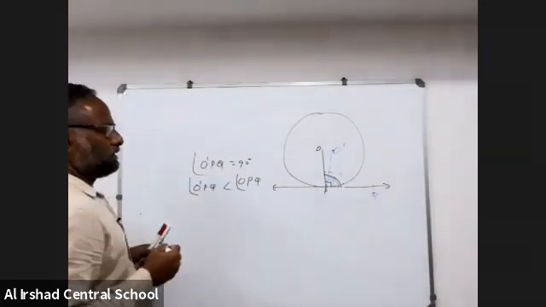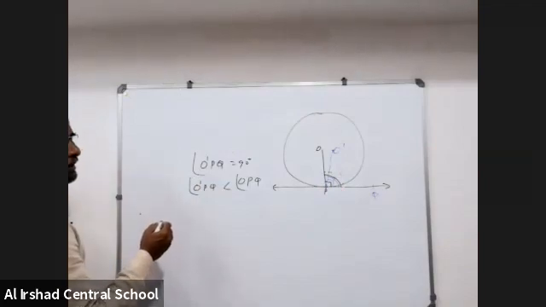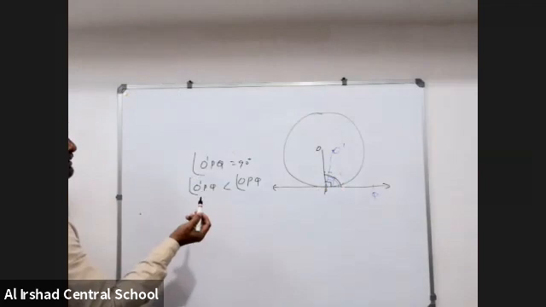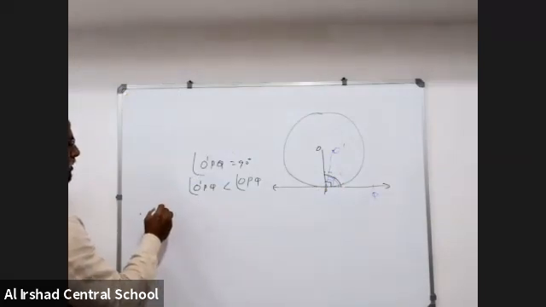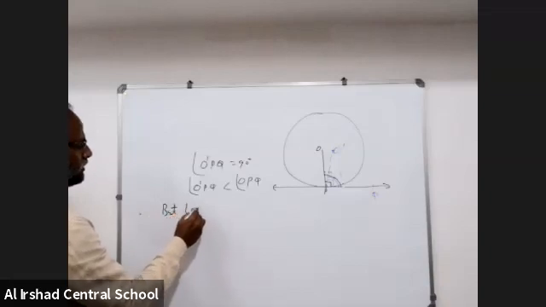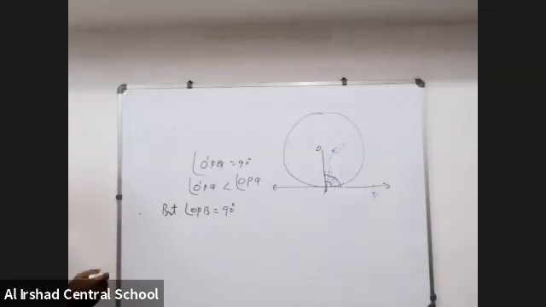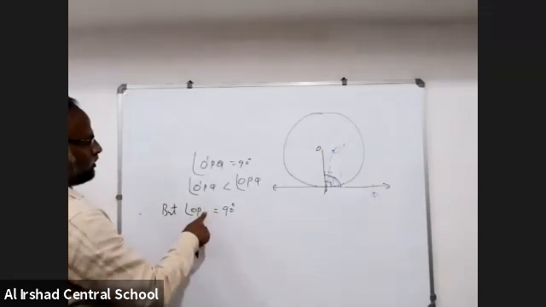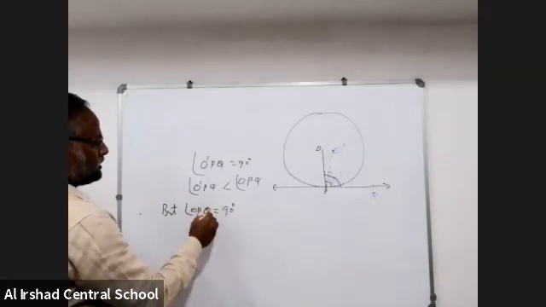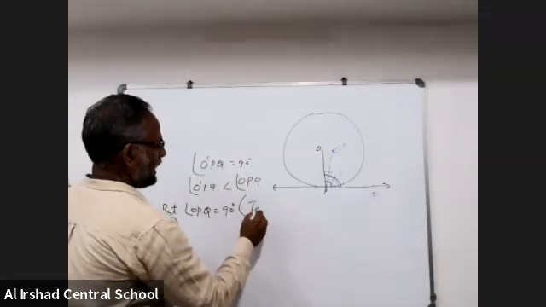That is 90 degree, because tangent is perpendicular to the radius. OP is the radius of the circle. So we can say angle OPQ is equal to 90 degree. Do you agree? OPQ, sorry, not OPB, OPQ.